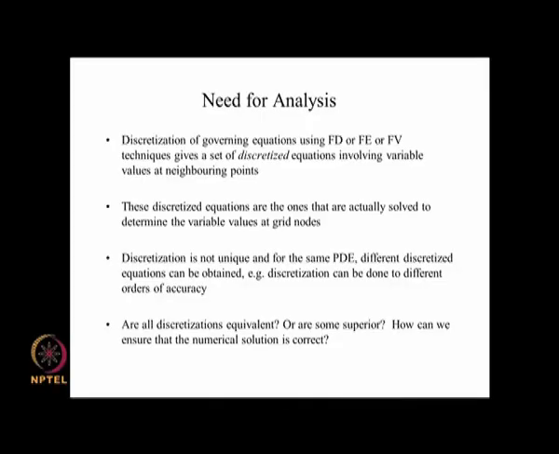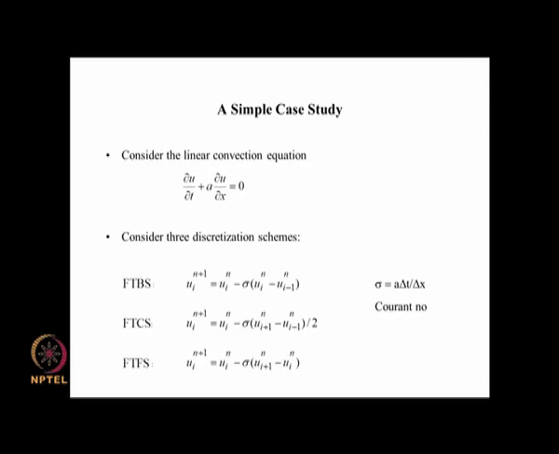The questions that we wanted to answer were: are all the discretizations equivalent, are there some discretizations that are superior, and how can we tell that we will have a numerical solution which is correct. We tried to answer these questions by taking a simple case of the linear convection equation, or the linear wave equation, ∂u/∂t + a ∂u/∂x = 0.